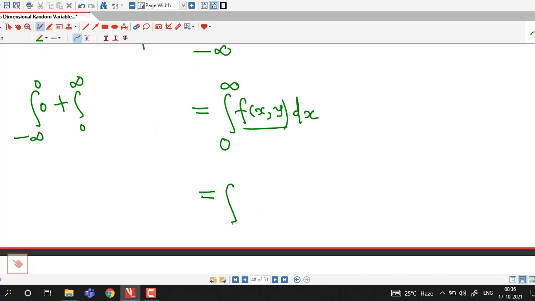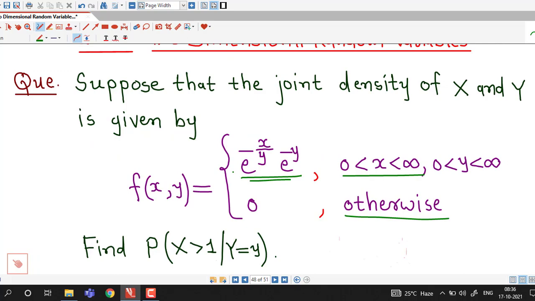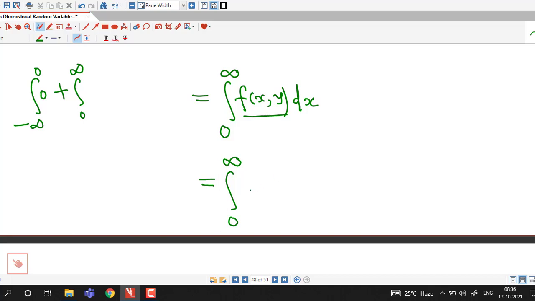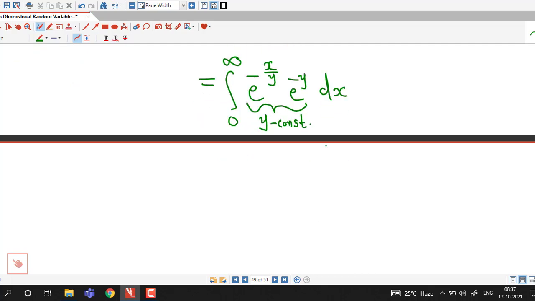Now if x is positive, then value of joint density is e raised to minus x by y times e raised to minus y. So first we write down that value. Integral is with respect to x, and while integrating with respect to x, we will treat y as constant. So this quantity e raised to minus y is constant.